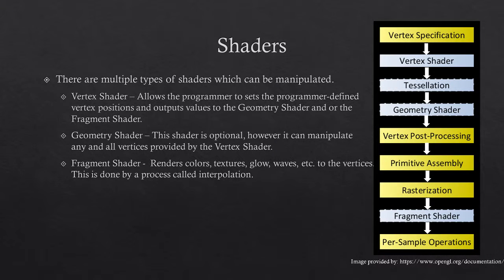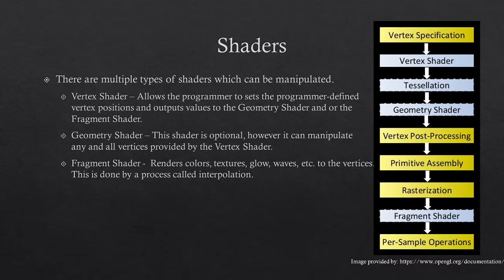So what are shaders? There's three types of shaders, and I'm just going to go as brief as possible with these. I'm going to skip the geometry shader because it is really optional. The vertex shader allows the programmer to assign vertices onto the map of the screen. So we can give the vertex a point, and it just renders that point.